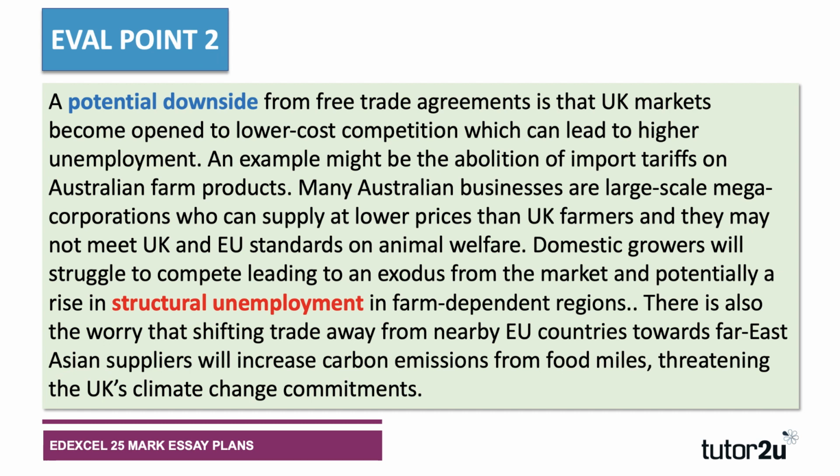There's also the worry that shifting trade away from nearby EU countries towards Far East Asian suppliers will increase carbon emissions from food miles, creating externalities, threatening the UK's climate change commitments. So that's my evaluation point. Could cost jobs and risks structural unemployment and some environmental concerns.